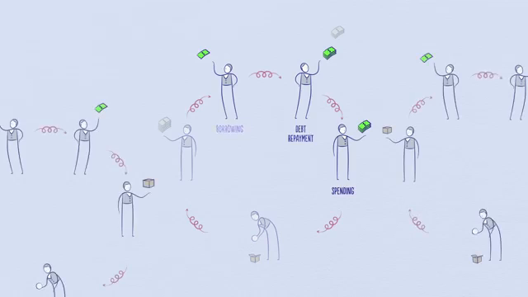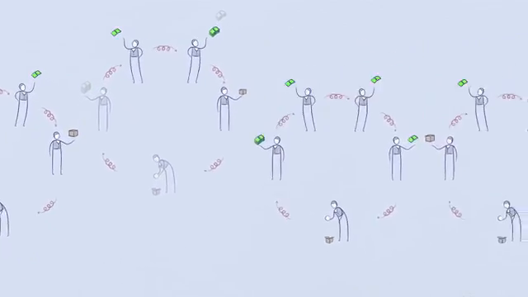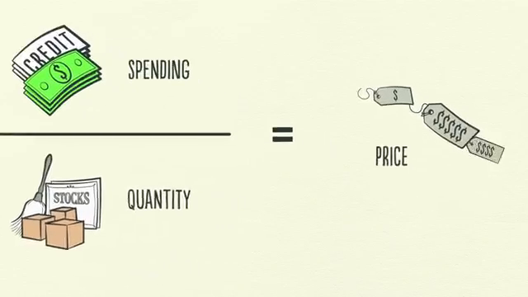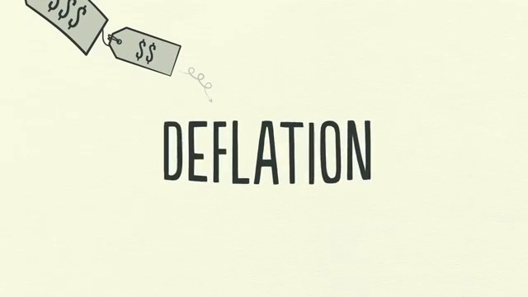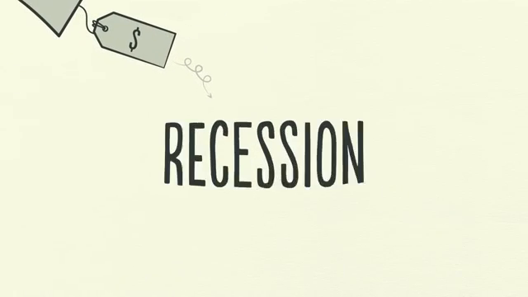Because people borrow less and have higher debt repayments, they have less money left over to spend, so spending slows. And since one person's spending is another person's income, incomes drop, and so on and so forth. When people spend less, prices go down. We call this deflation. Economic activity decreases, and we have a recession.